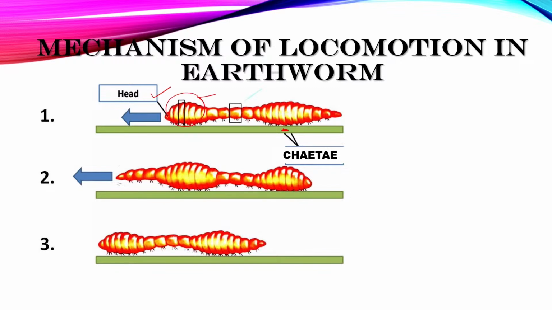First, this segment will become shortened, and this segment will become extended. So that shows that during locomotion of the earthworm, certain segments will be shortened and certain segments will be extended. So what happens when the segments are shortened?